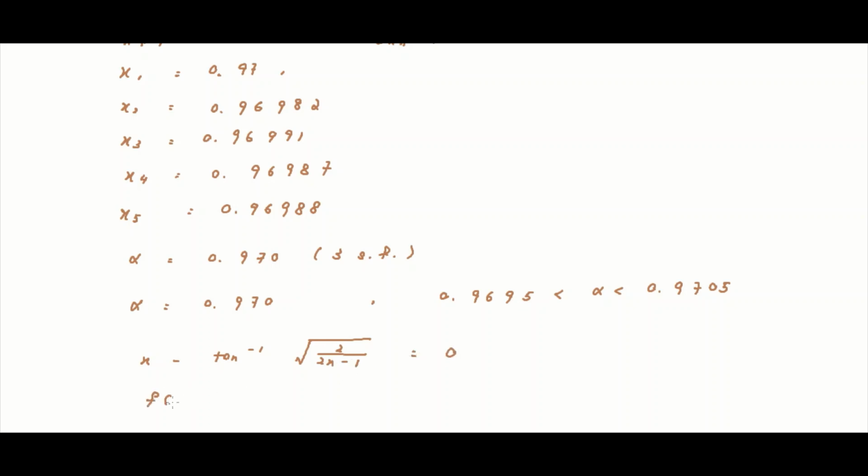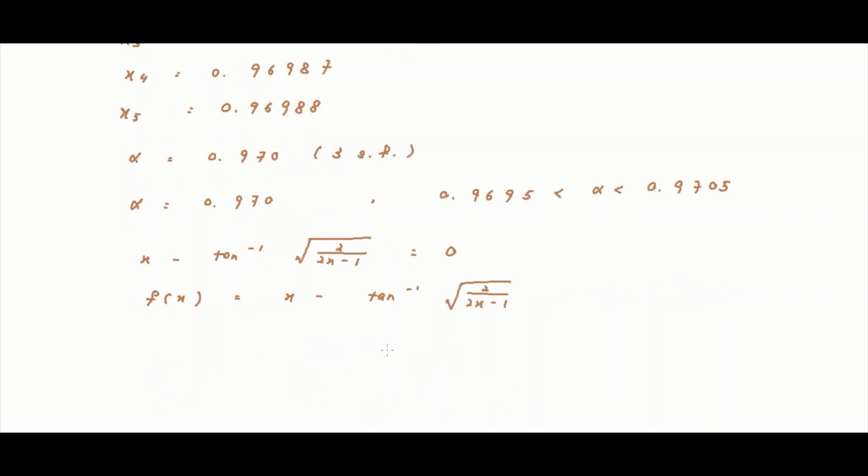So you have f(x) equals x minus tan⁻¹(2/(2x − 1)). I think you have gotten this formula from your part C just now. Now we can continue with it. So f(0.9695): when you substitute, you get negative 0.00052720. When you substitute the other value, f(0.9705), you get positive 0.000924.